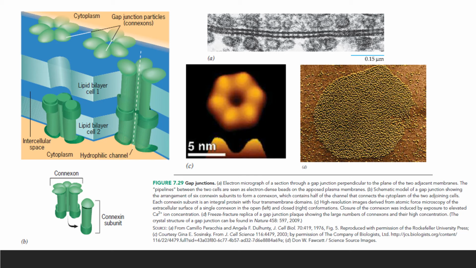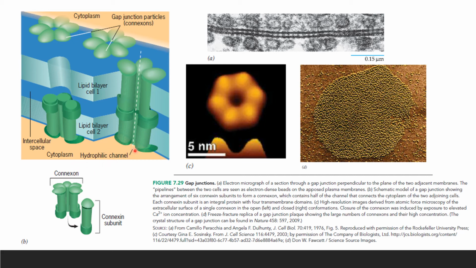So here you will see how the gap junctions look under an electron micrograph, and of course a schematic diagram. So these are the gap junction particles, or the connexons, found in the surfaces of your lipid bilayer.